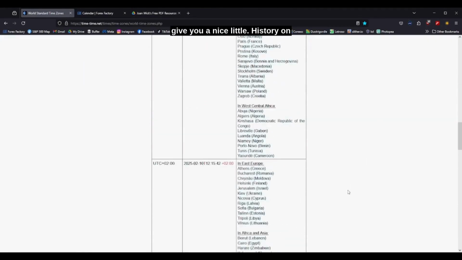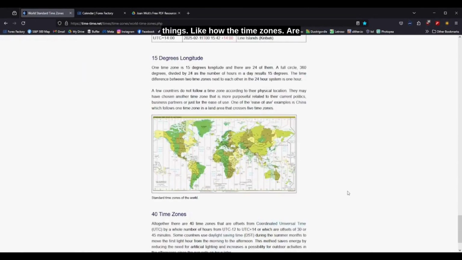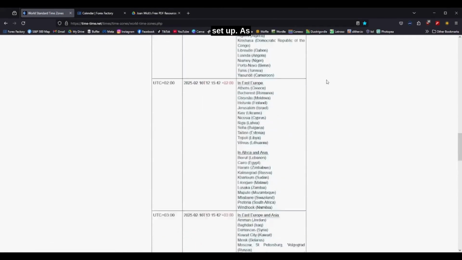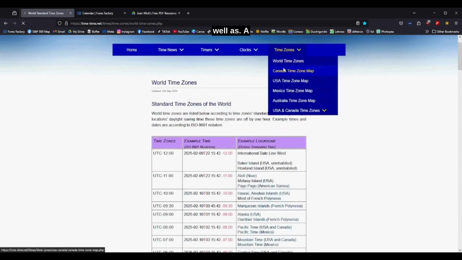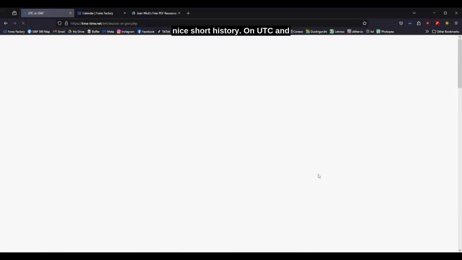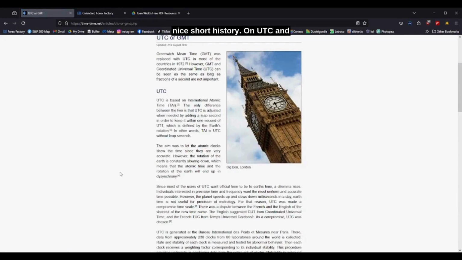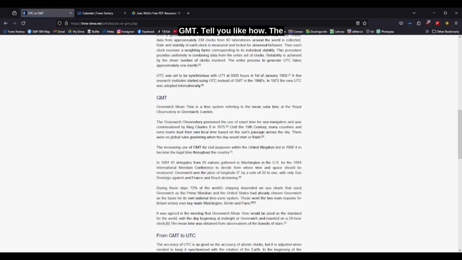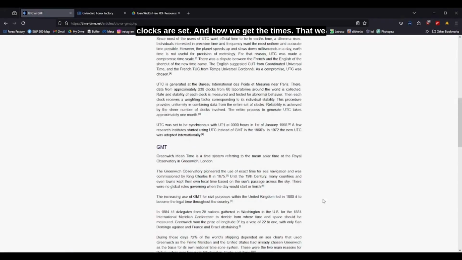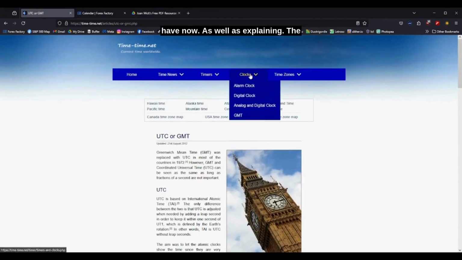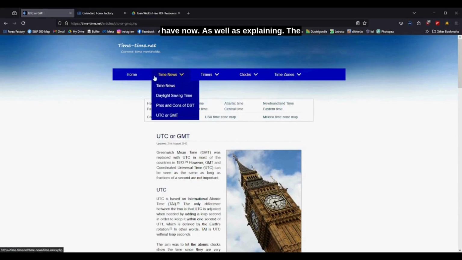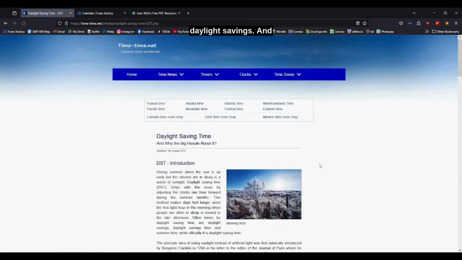They also give you a nice little history on things like how the time zones are set up, as well as a nice short history on UTC and GMT. Tell you how the clocks are set and how we get the times that we have now, as well as explaining the daylight savings.